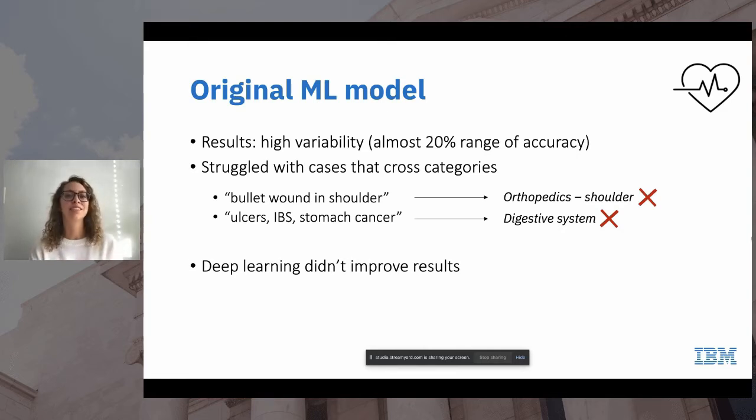So statistically speaking, the model has learned that if the word shoulder is mentioned, it's more likely to be an orthopedics shoulder classification than a bullet wound classification. And playing around with weighting the data set was causing a lot of issues with overcorrection, and it really didn't seem to be the solution.